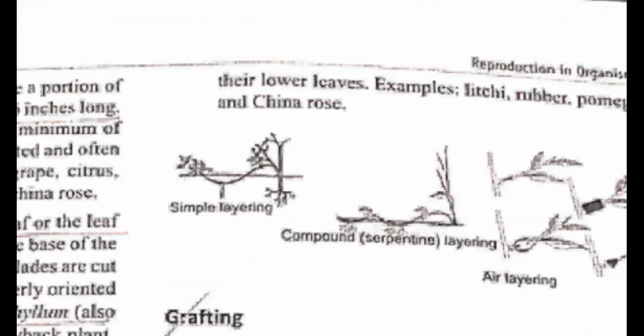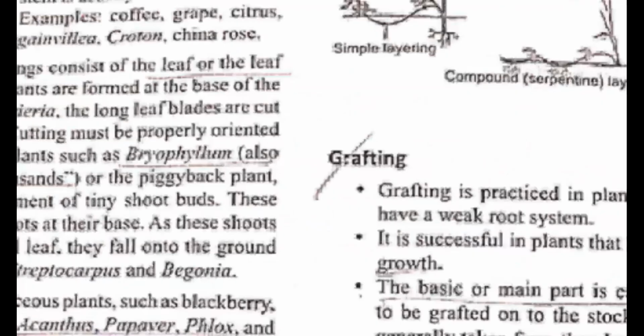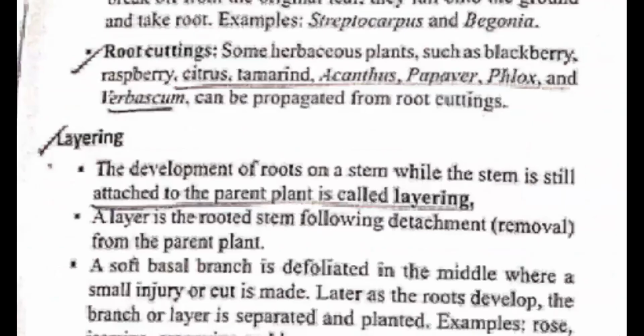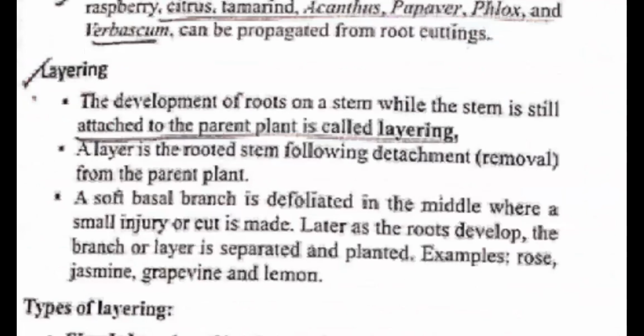The branch is bent to the ground, and roots are produced there. After the formation of roots, it is detached from the parent and grows as a new plant. It can also be transferred somewhere else, or kept in a small bag, and grown into a new plant.